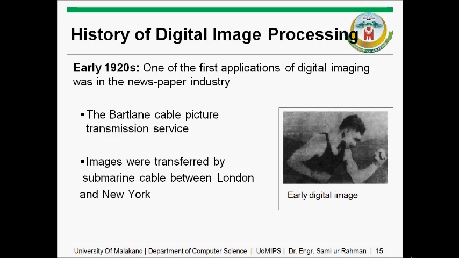This was not actually digital image processing, because in 1920 there were no computers. But this is the first image which was used in the industry and transferred from New York to the UK. I think it took 3 hours of processing, but it was one of the fastest communications at that time.